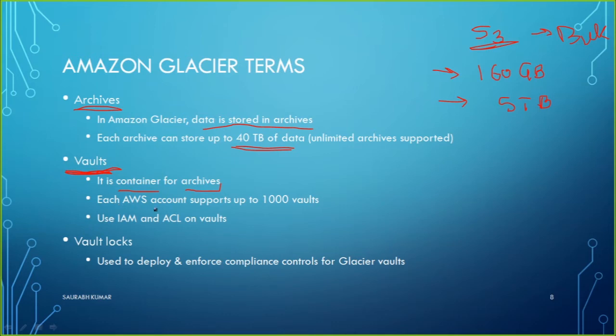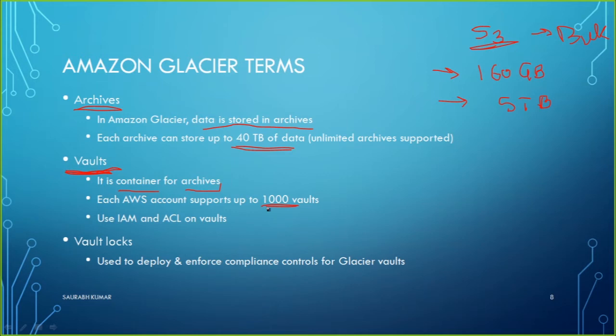Each AWS account, here the limitation is on the basis of the account. Each AWS account can support up to 1000 vaults, but there is no limit on how many archive files a single vault can have. It is just a limit of how many vaults you can have. A vault is a logical container, it's a container only.